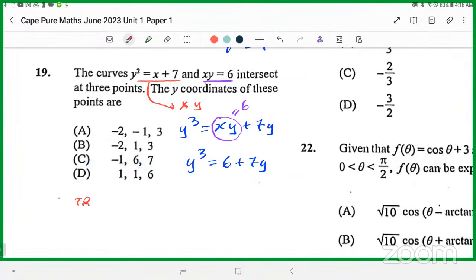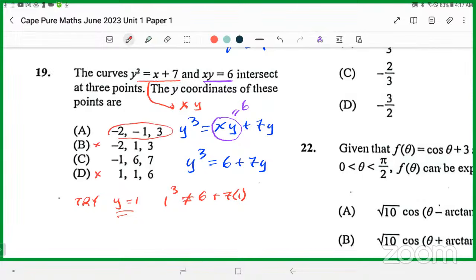So try y equals 1. 1 cubed is 1, and 6 plus 7 times 1 is 13, right? So 1 doesn't work. So this is eliminated, and this is eliminated, these two, because 1 doesn't work.